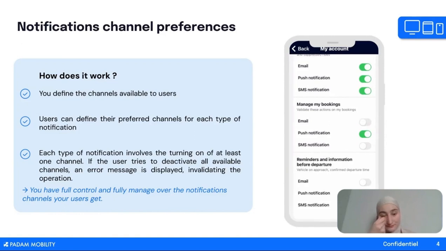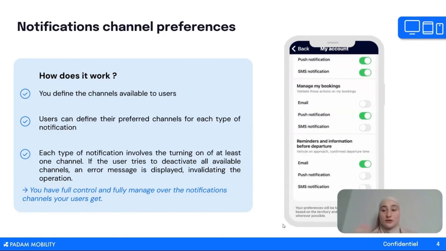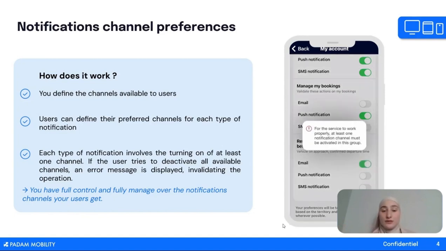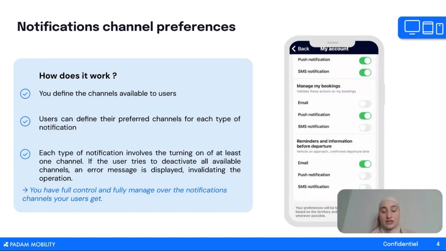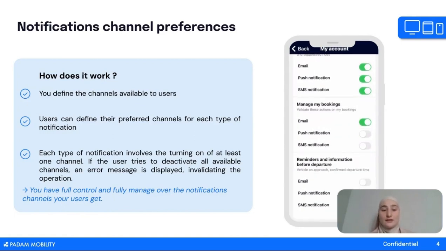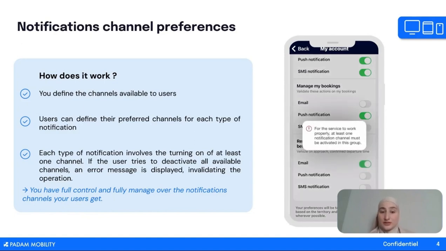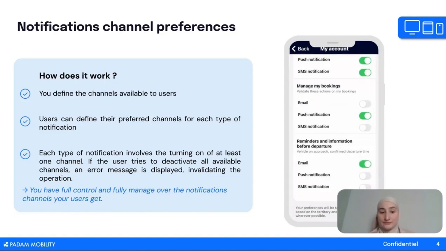So the good thing with this feature is that, on one hand, you now have complete control over the notification channels you want to offer to users. And on the other hand, users have more freedom with their notifications, but once again, depending on the notifications you chose before with the project manager. So do not hesitate to contact your project manager to activate this feature.